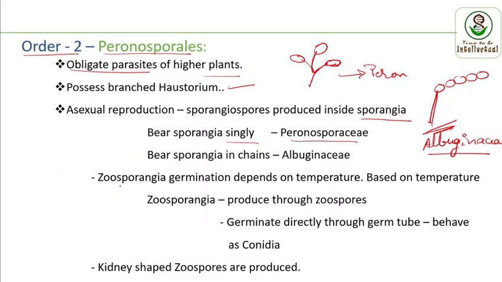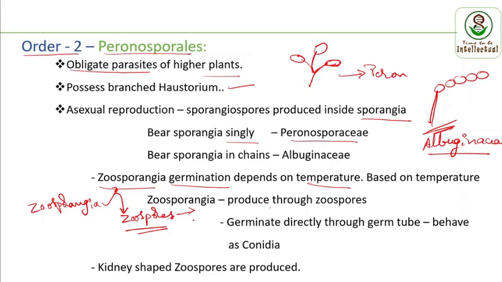And the zoosporangia germination depends on temperature. Yes, friends, this is very important. Please do remember this: the zoosporangia germination depends on temperature here. Based on temperature, they produce zoospores. If the zoosporangia lead to zoospores, then after the germination takes place and so on, the normal procedure takes place.